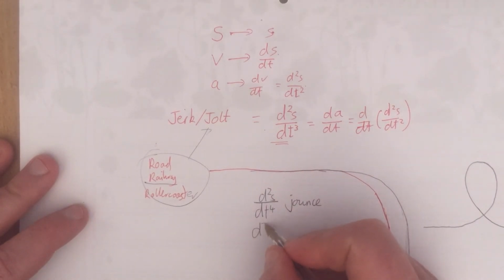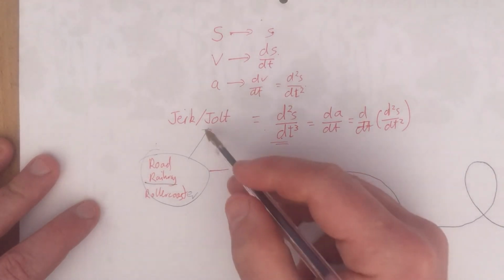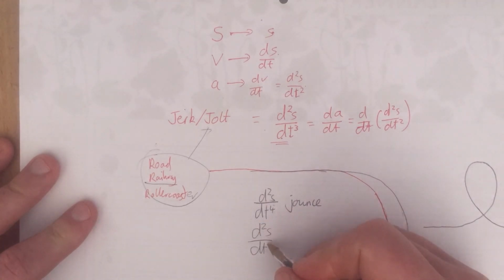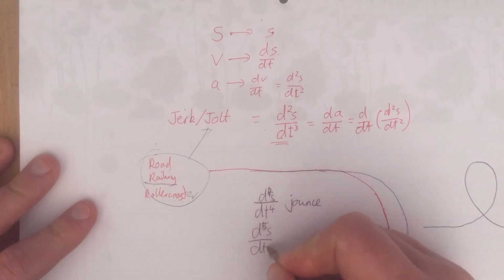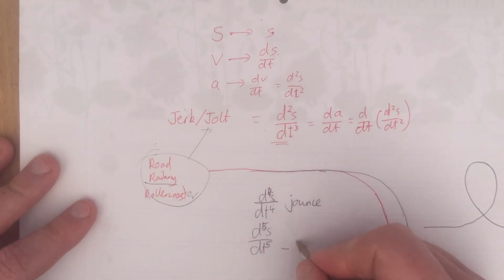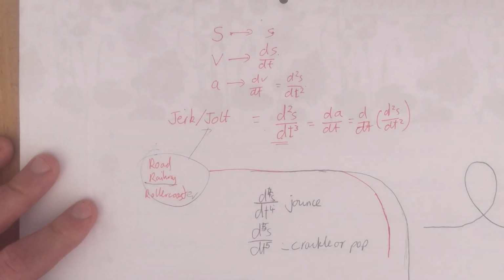And believe it or not, there's one beyond that still, which would be the rate of change of jounce with time, d5s by dt to the 5. Sorry, that should be a 5. And believe it or not, this is actually called the crackle or pop, and it could well be that has some relation to Rice Krispies. I have no idea, but there you go.